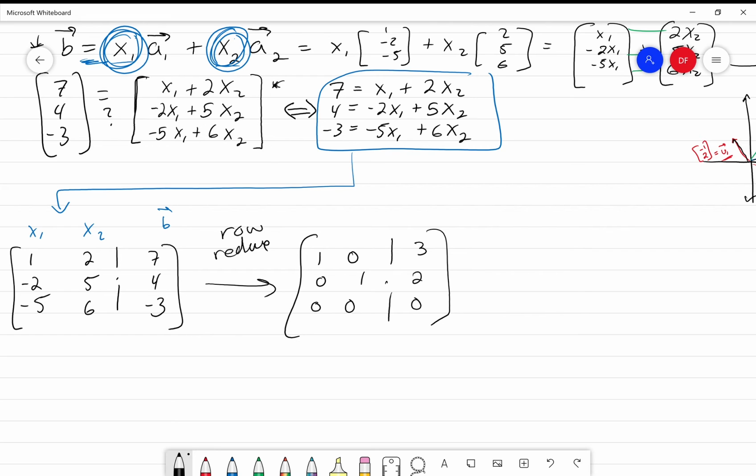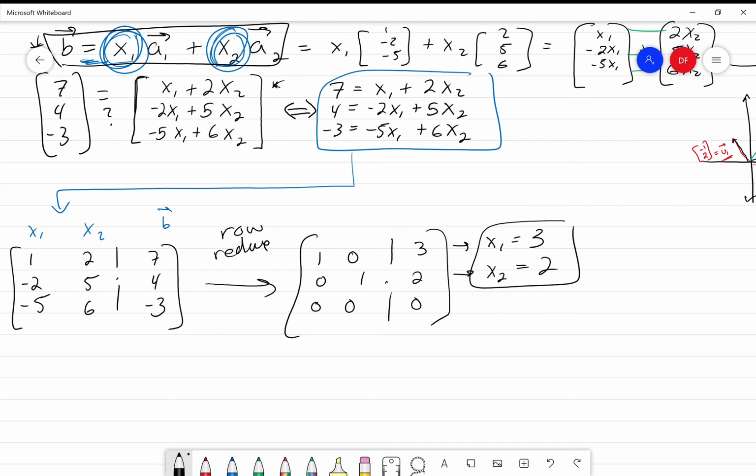What does that tell you here? It tells you that x1 equals 3 and that x2 equals 2. So, is b a linear combination of these two vectors?